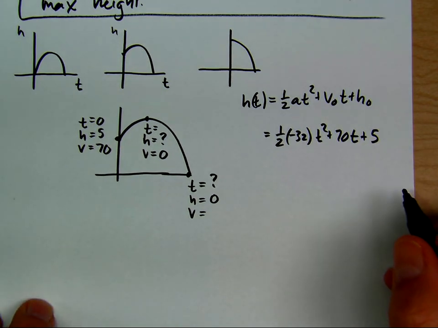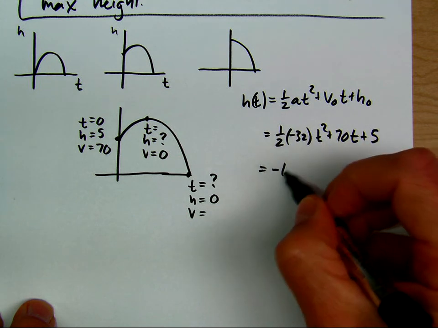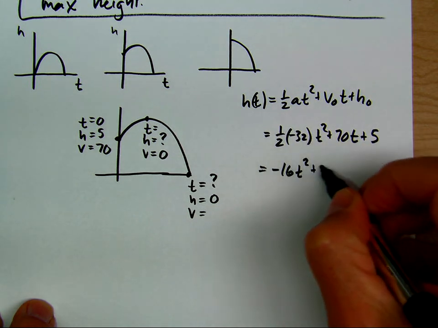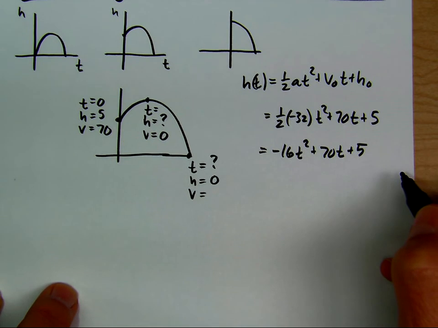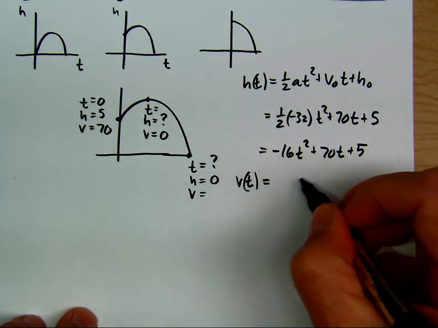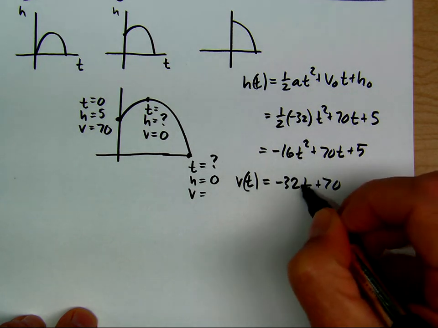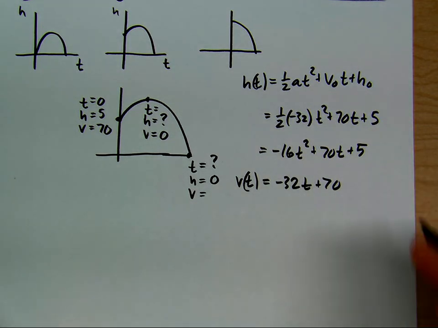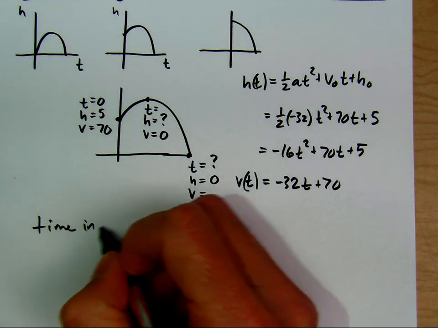And simplify that to be negative 16t squared plus 70t plus 5. And we can also, while we're at it, find the velocity, which is going to be negative 32t plus 70, the derivative of this.